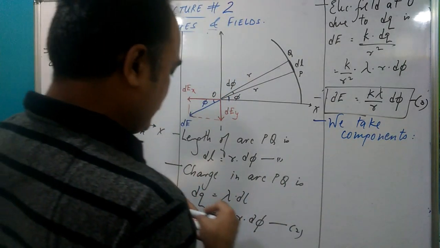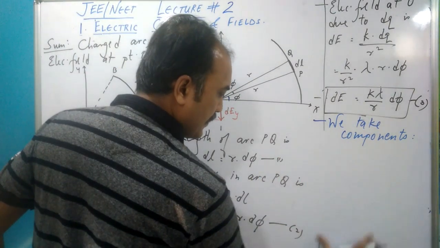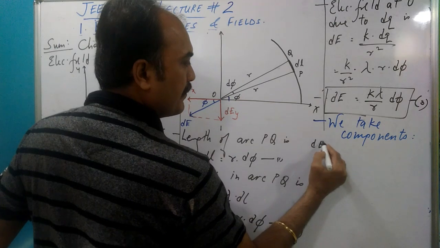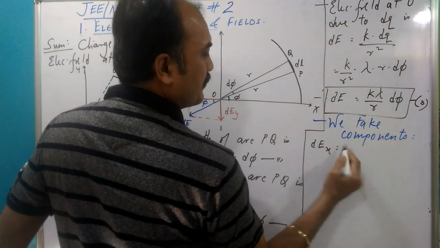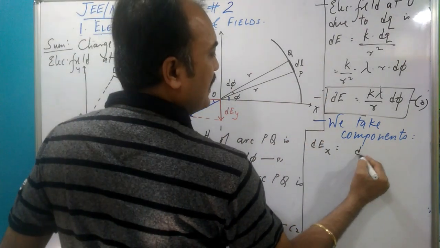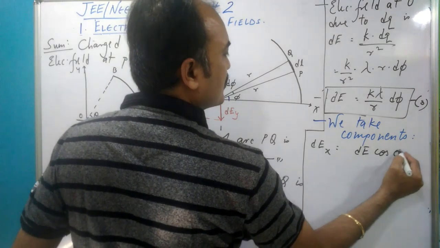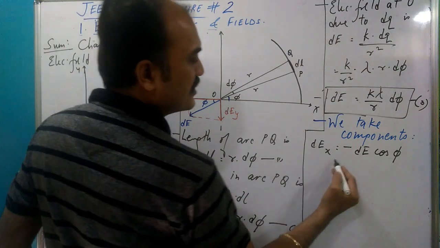So dEx, can you see, this is dE cos phi, but since it is pointing in the negative direction, I'll take it minus.